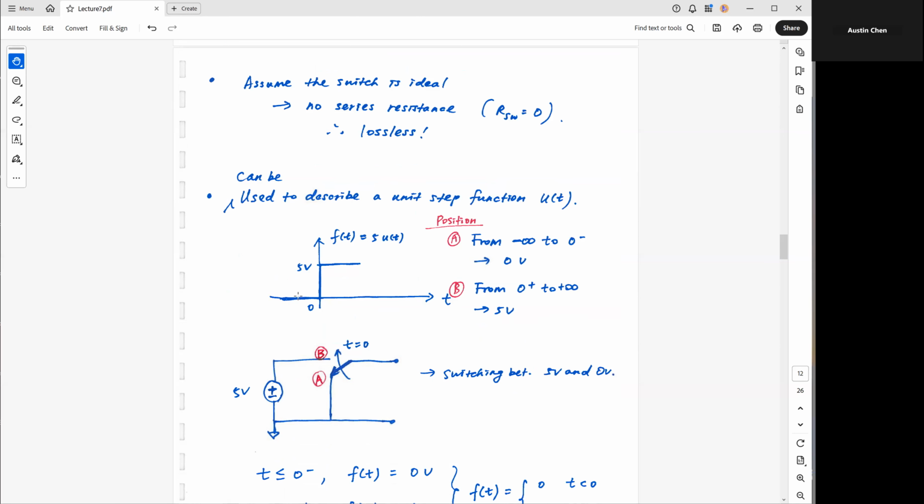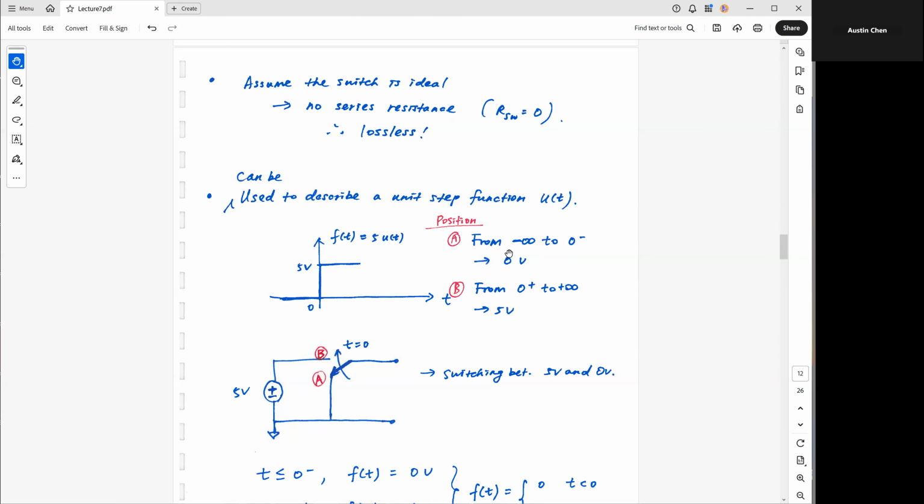The driving function, that voltage source, is equal to 0. And when t is greater than 0, all of a sudden the switch is flipped, and I'm now pinned at 5 volts. So I want to create this step function going from 0 to 5 volts. This is what we are trying to do here.